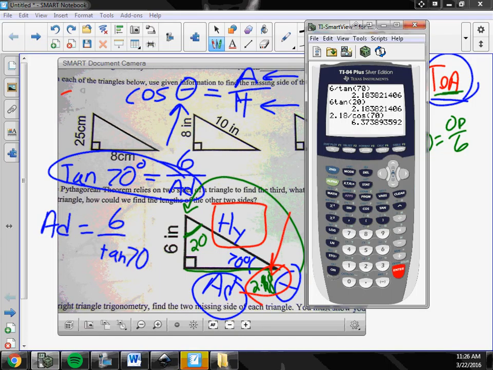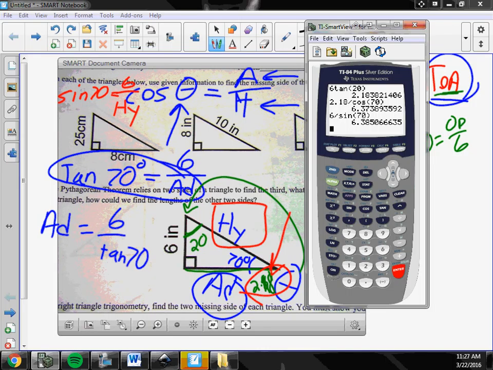The sine of 70 equals 6 over the hypotenuse. Is that a multiply or a switch? So 6 divided by the sine of 70. They're going to be a little bit off because 2.18 is not the exact answer. So if you like nice, pretty answers that match mine, use the numbers that are whole numbers.